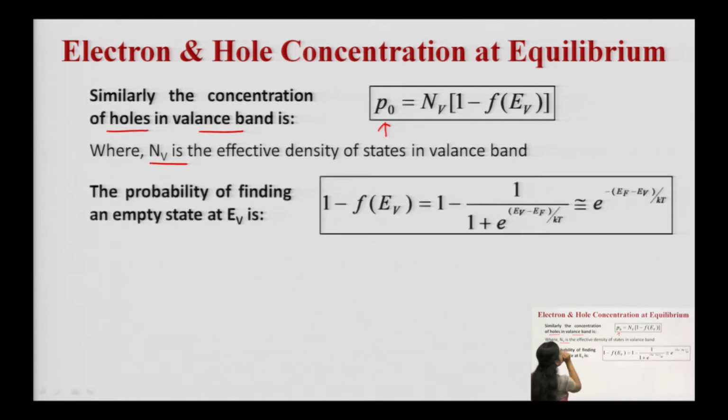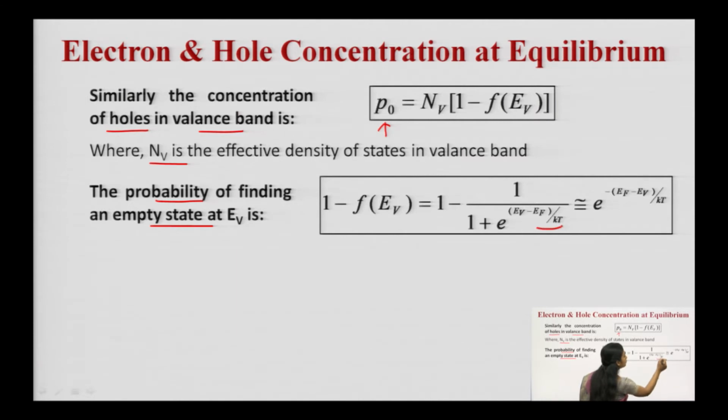NV is the effective density of states in the valence band. Now, here is the probability of finding an empty state. Remember this point, here you are finding the probability for the empty state, and the term is 1 minus F of EV. This is 1 minus 1 upon 1 plus e raised to the power EV minus EF upon KT.